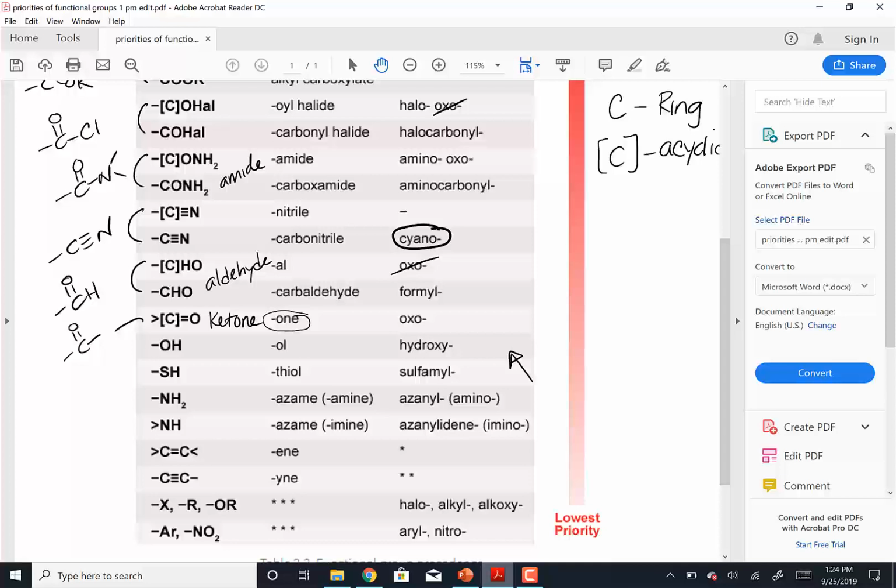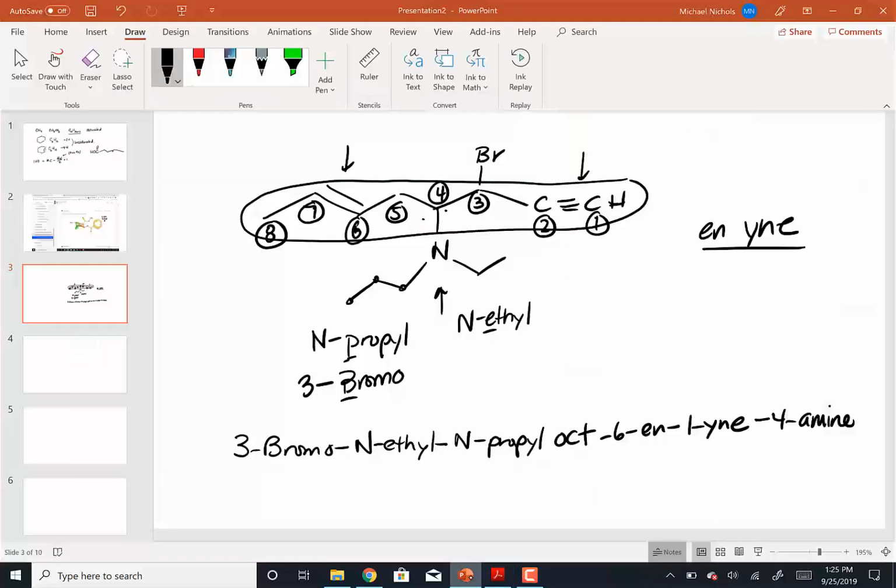The other two things become N-alkyl groups. They get thrown into the list, and then you go from there. Okay. So that's what happens. So that would be the name of this. Everybody okay with that?